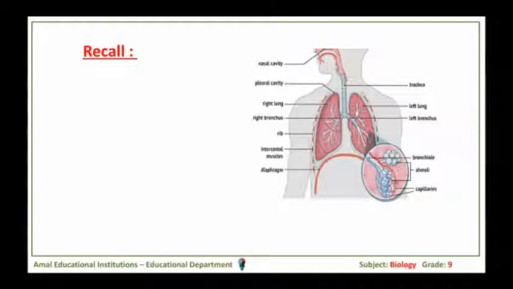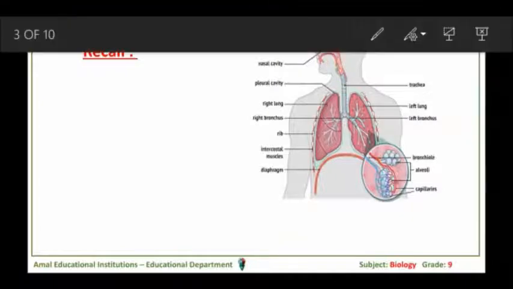In this slide we can review activity 1. As we said before, air passes from nasal cavities to the trachea, reaching the lungs.